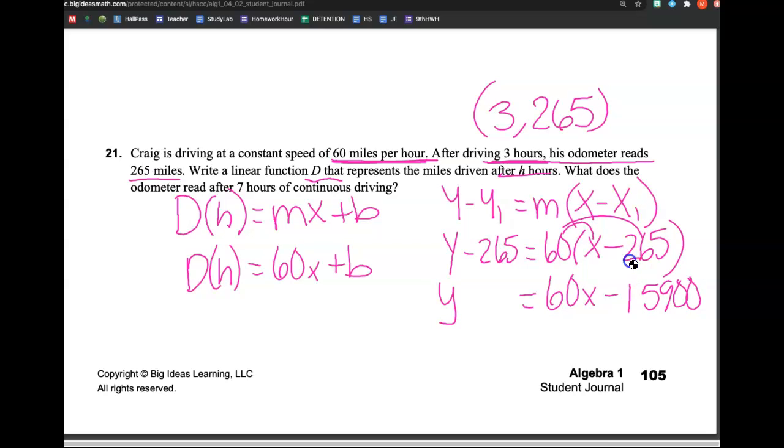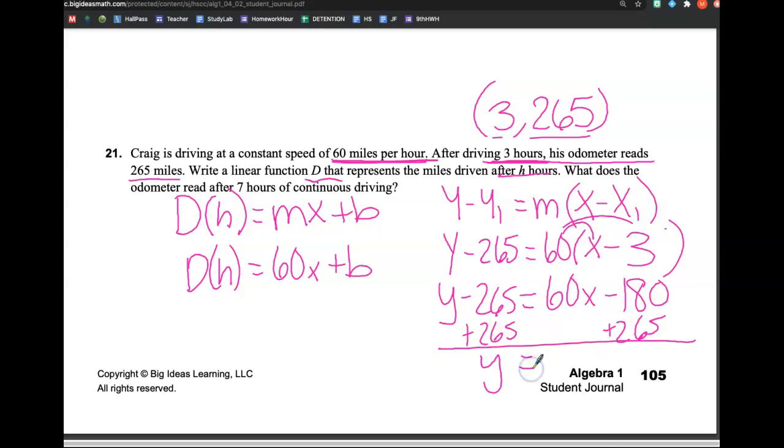Okay, I accidentally swapped my y and my x. So that was not right. Okay, so that was my y, so this is my x, minus 3. So then 60 times 3 is negative 180 minus 265. So to get y by itself, I would add 265.